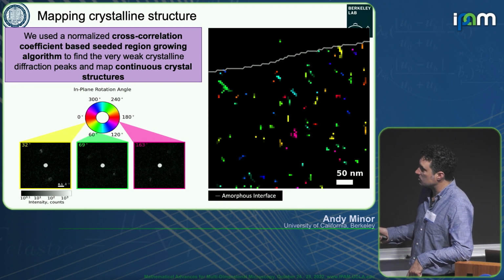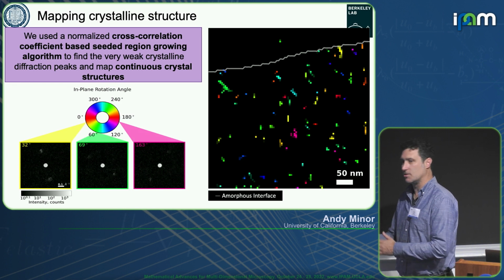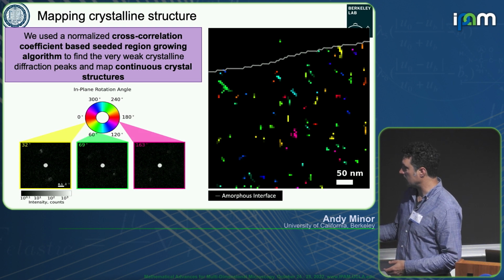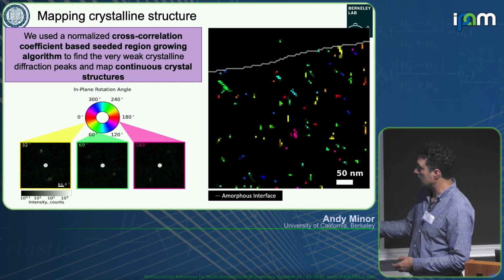So we developed this seeding algorithm that would, say if a pixel next to me had a similar scattering vector and within a given tolerance, I'm going to color it the same thing, and then you can seed each pixel, like you can seed the different crystals. And so now you can start to visualize the crystals.